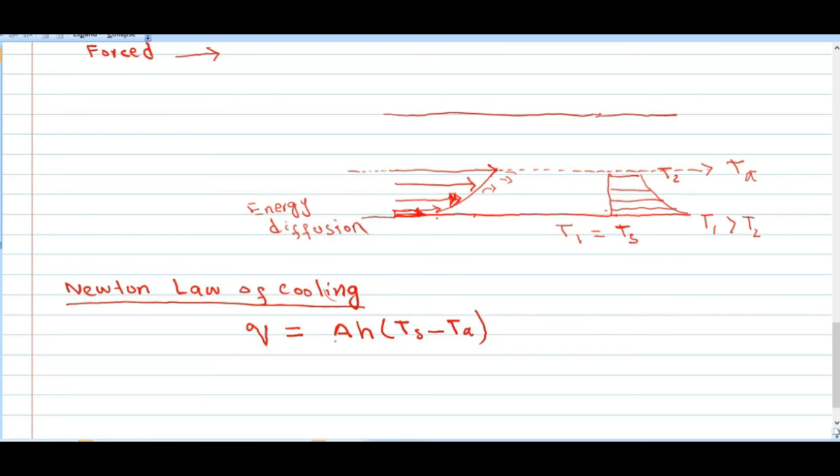The rate of heat transfer is proportional to the area through which heat transfer occurs and the temperature gradient across this fluid or across this film. Normally Q over A is written as the heat flux, Q double prime is equal to H, which is the heat transfer coefficient, times (Ts minus T infinity).